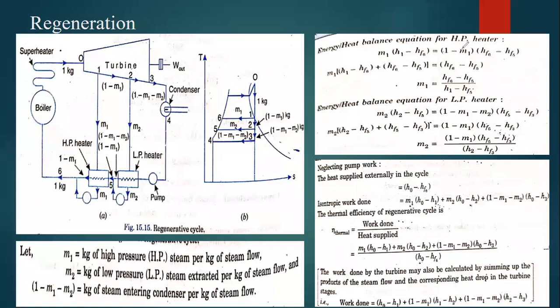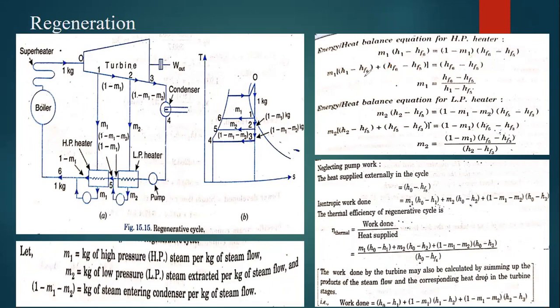Now whatever M1 term is there, take that to the LHS. So it will become plus M1 into HF6 minus HF5, right? If we take M1 as common, it will be H1 minus HF6 plus HF6 minus HF5. Now the HF6 minus and HF6 plus get cancelled.